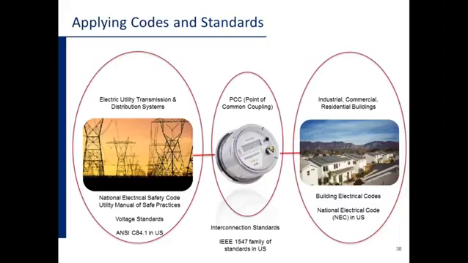In the U.S., we use the ANSI C84.1 standard. The point of common coupling, which you see as the meter there, is where the interconnection rules typically apply. And again, in the U.S. and North America, we typically use the IEEE family of standards, 1547.